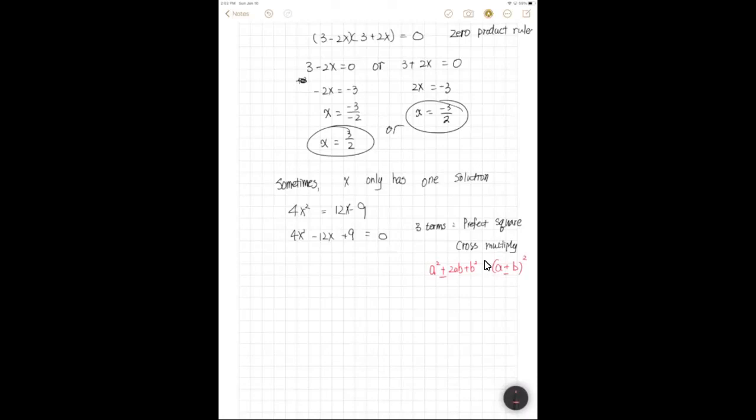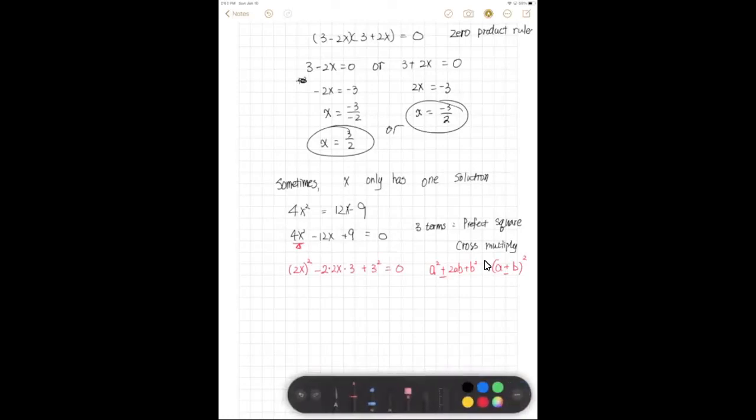If you look at this one, you can write it as (2x) squared minus 2 times 2x times, 12x divided by 4x is equal to what? It's 3, right? And then plus 3 squared, which is equal to 0.